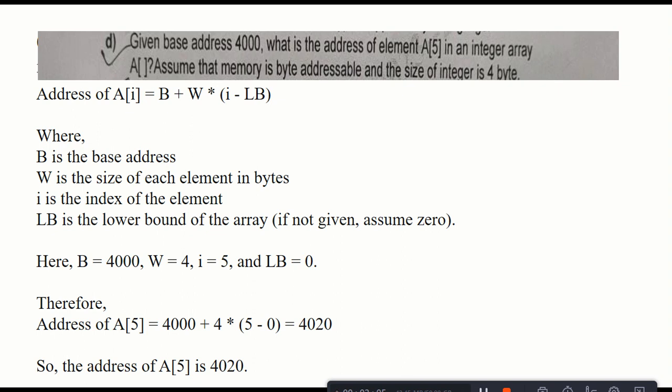Therefore, as per formula, the address of A5 equals 4000 plus 4 into 5 minus 0, that is equal to 4020. So the address of A5 is 4020. This is the easy method to solve it.